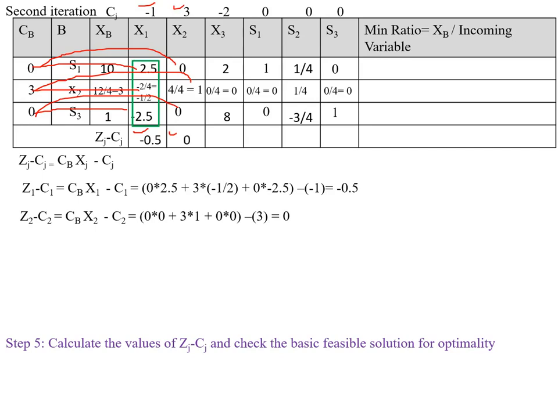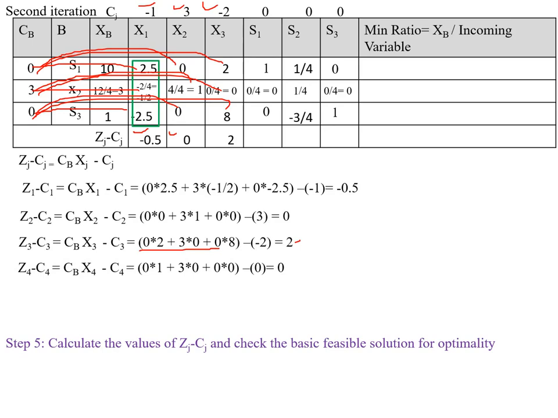So next Z3 minus C3, that is 0 into 2 plus 3 into 0 plus 0 into 8 minus of C3, that is the -2. So minus of -2, we will get the 2. So enter the 2 value here. So next we have to find out the Z4 minus C4.